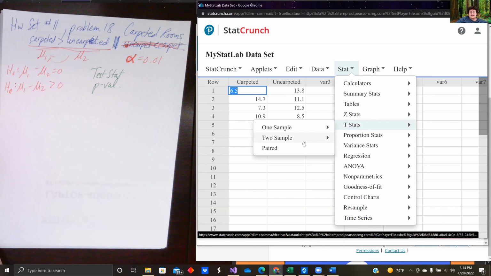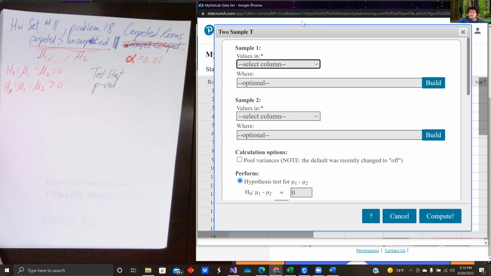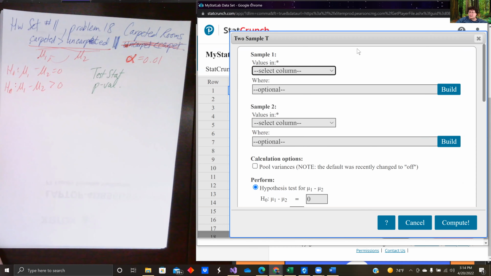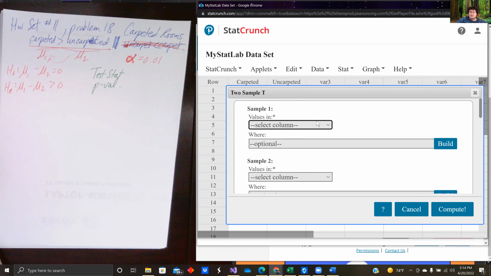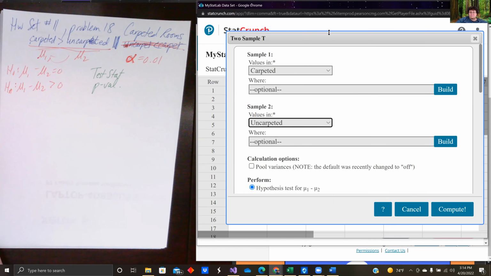Stats, T stats, 2 sample, and I have data again. My values are in population 1, which is carpeted, and uncarpeted for that one.